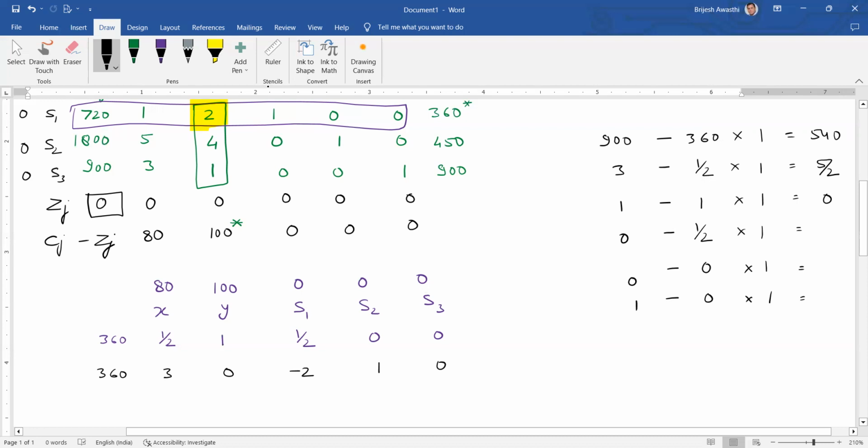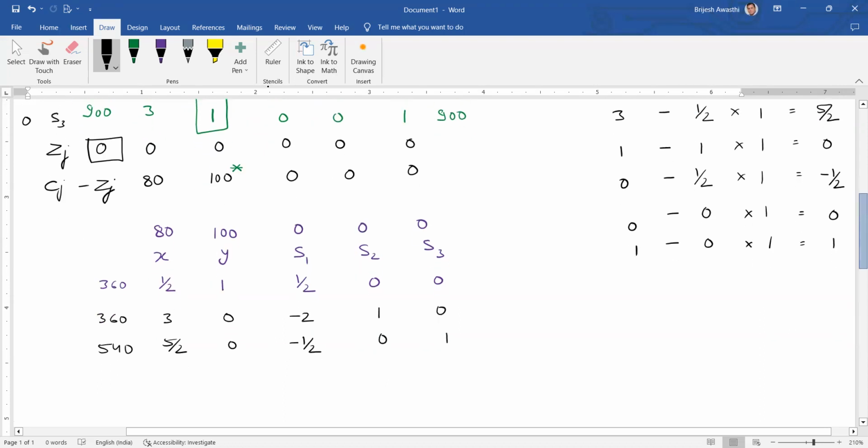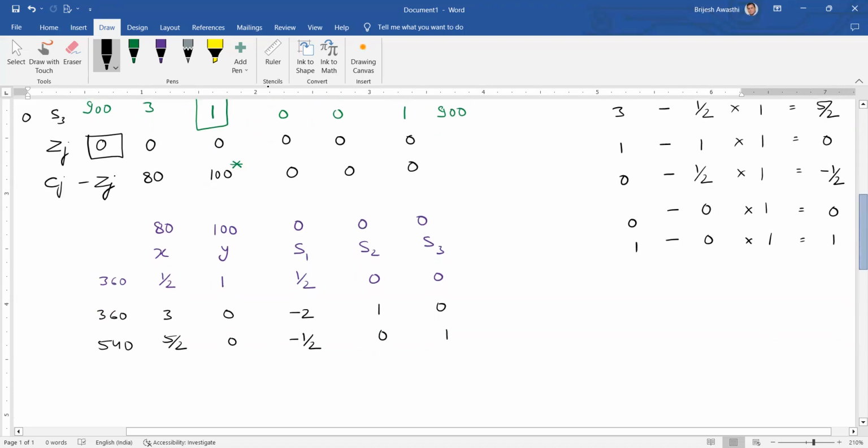Then 0, minus 1 by 2, 0, and 1. So the new values are 540, 5 by 2, 0, minus 1 by 2, 0, and 1.